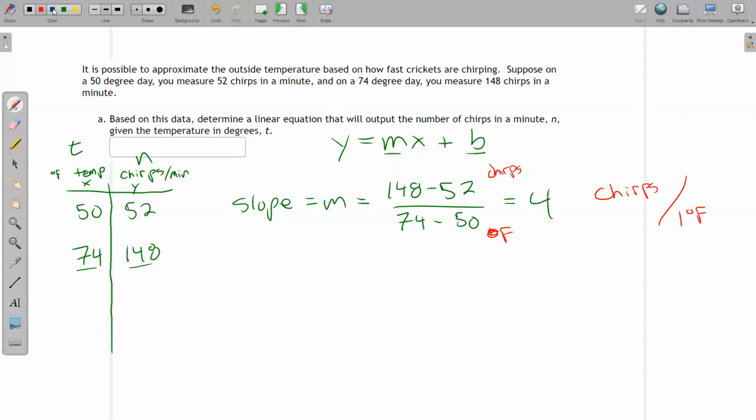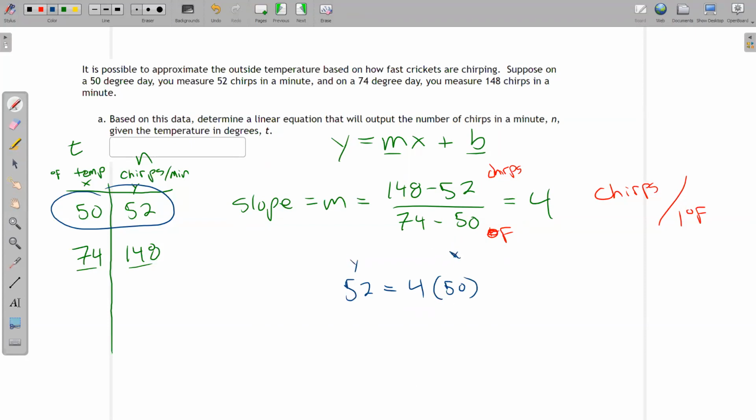To find the y-intercept, the b, we need to pick one of these points, and I think the first one looks easier. I like those 2 numbers. The y value is 52, so we're going to plug in y as 52. We just calculated m is 4, and x is 50. And make sure you get the y and the x in the right spots.